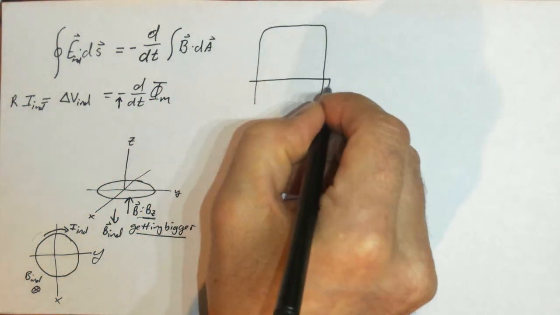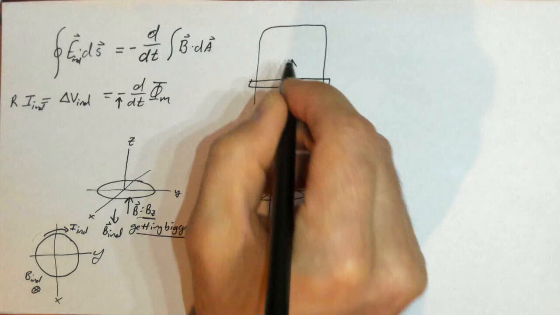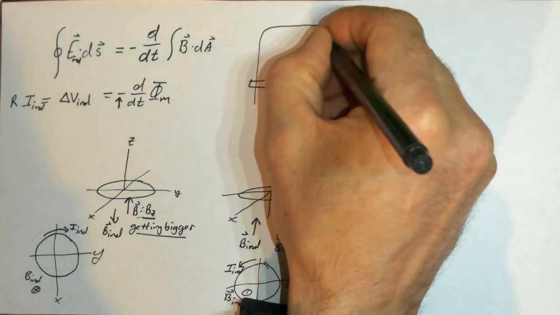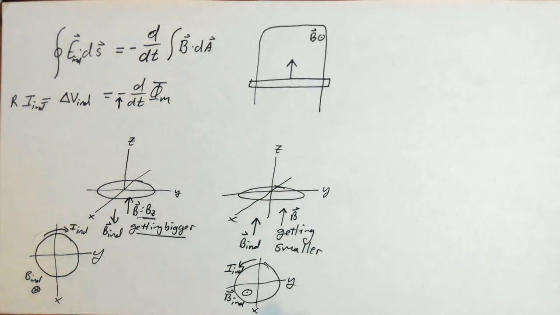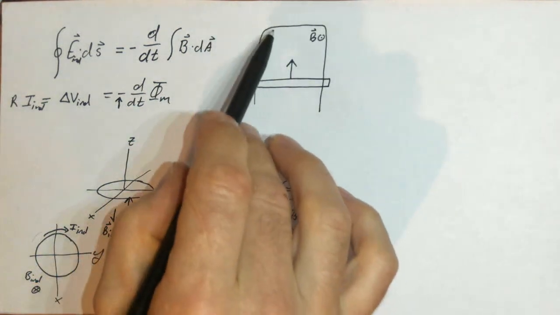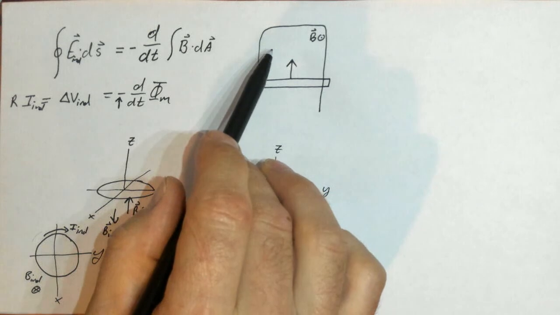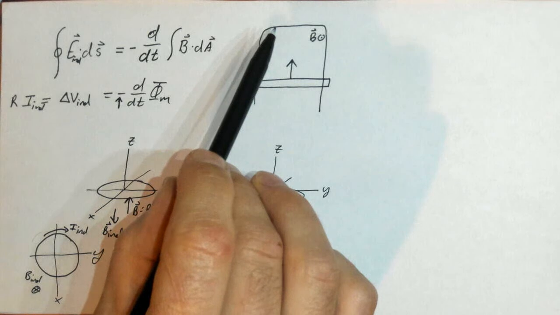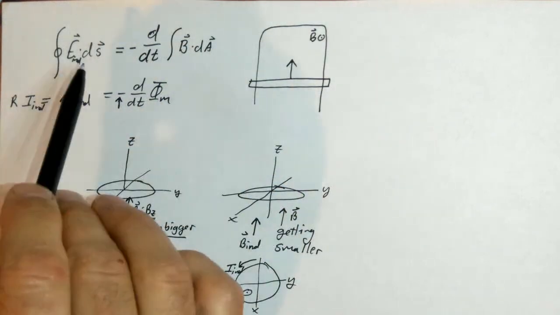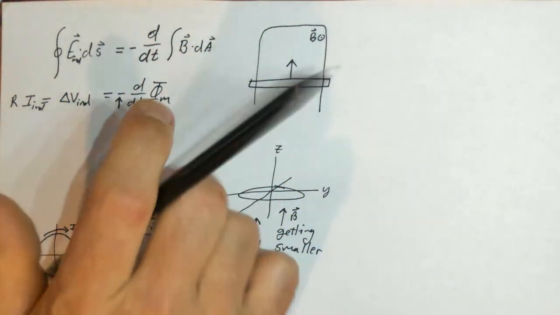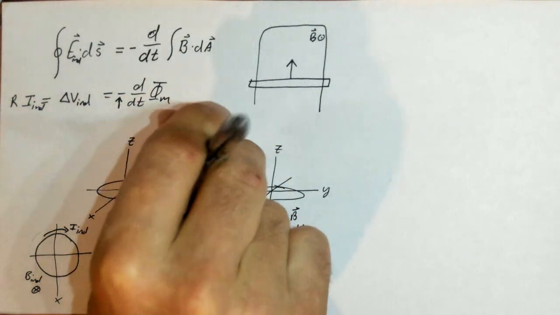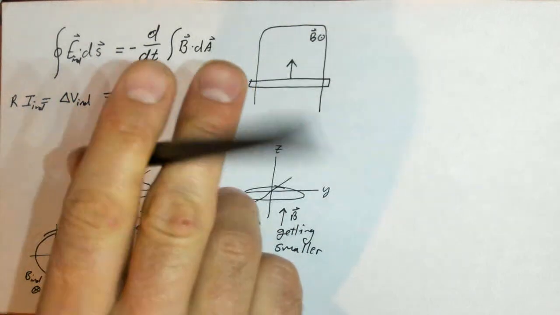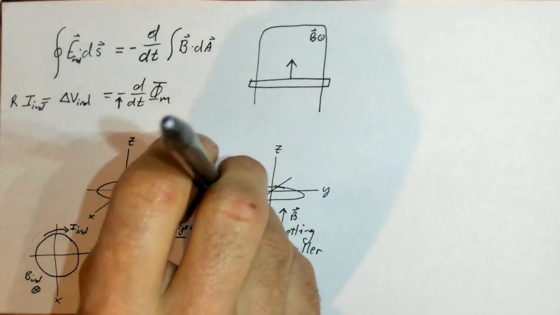We had a bar go across it, and we pushed that way. Well, if there's B field everywhere, let's say pointing out everywhere in this region, here the area is getting smaller, so the flux of this B field is getting smaller and it's pointing out. So according to this rule, the flux is pointing out at you and getting smaller, so the induced current should be such to create a B field that is outward. It doesn't want it to get smaller.